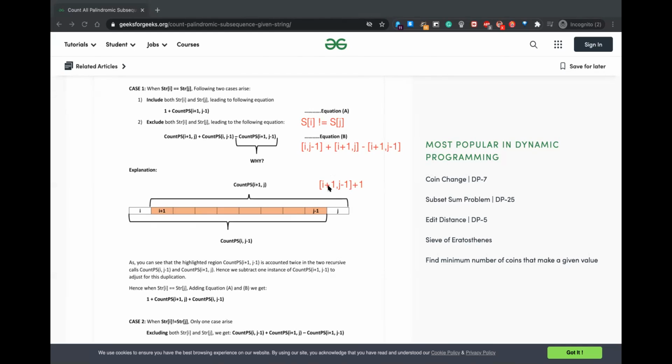The total number of new subsequences with these two characters will be i plus 1, j minus 1, plus 1. All the subsequences from i plus 1 to j minus 1 can be padded with the Si and Sj characters, right? If these two are equal. And these two characters can be considered as another subsequence, just of length 2. Now, if you just add these two combinations, you will end up with the plus.